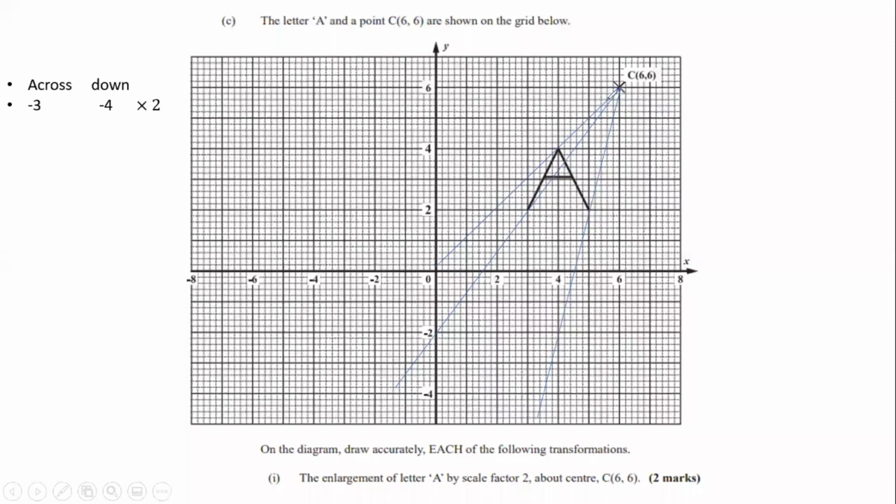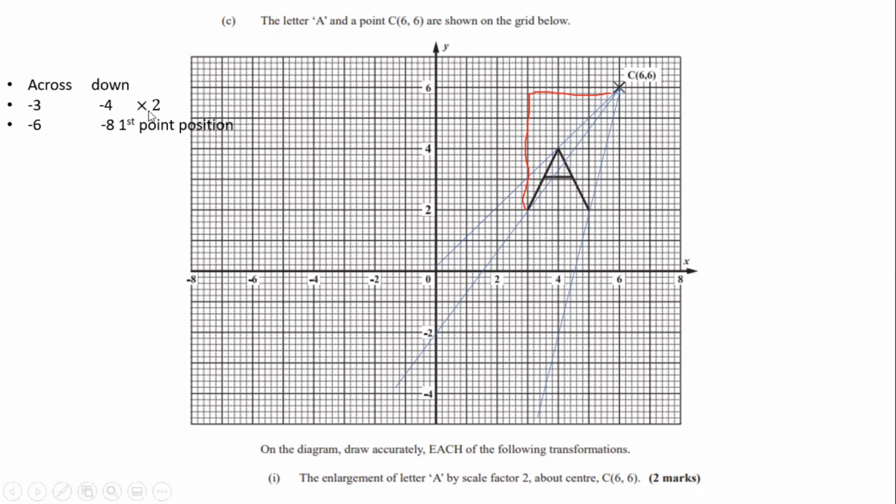So it is 1, 2, 3, and then 4 down, which is 1, 2, 3, 4. And that is what we're going to multiply by 2.